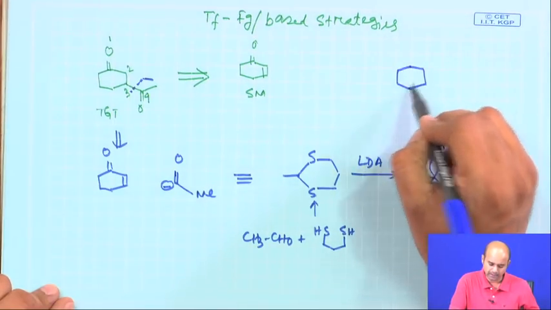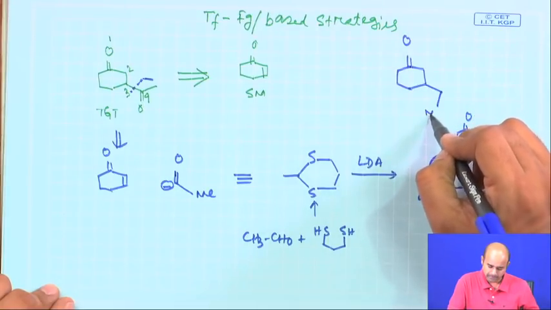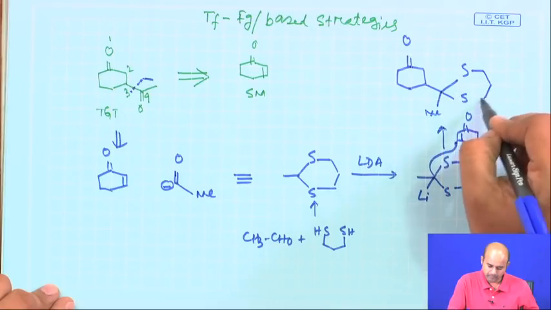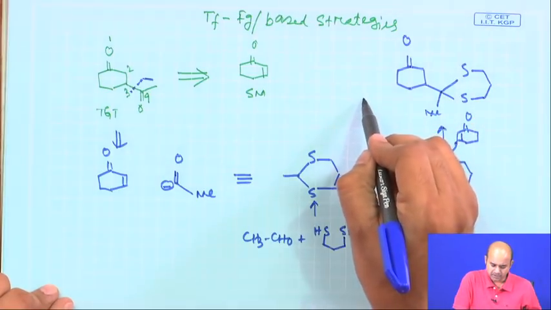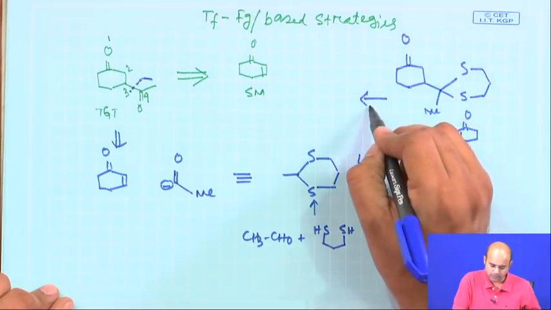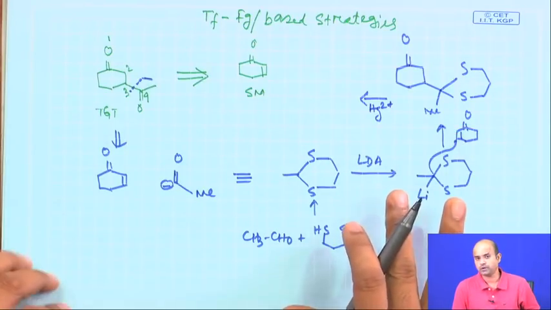So, you will basically get fine. Next step is only remaining, you have to remove this 1,3-dithiane group, that you can do by Hg2+. Now, this is very straightforward, absolutely straightforward, there are no hidden tricks or tactics.